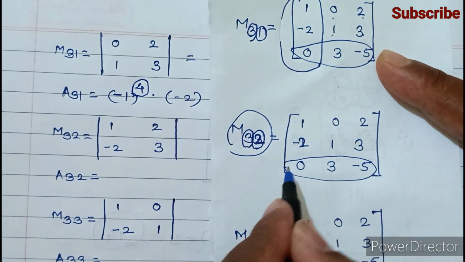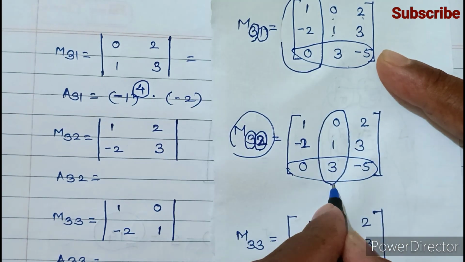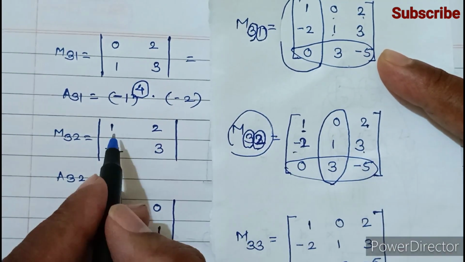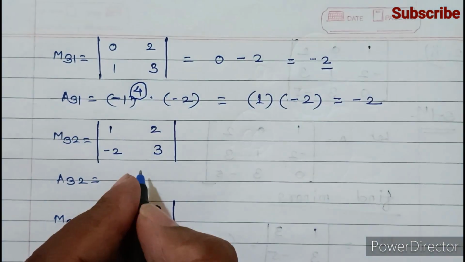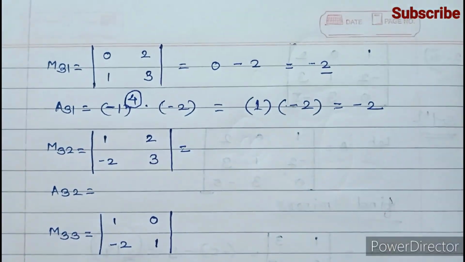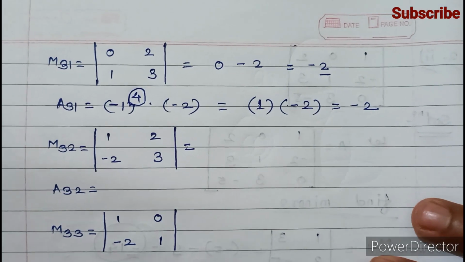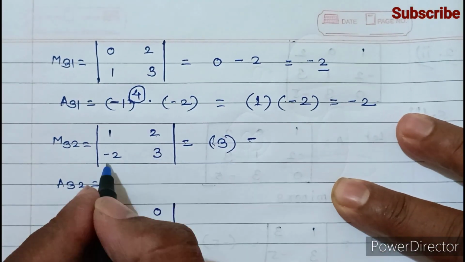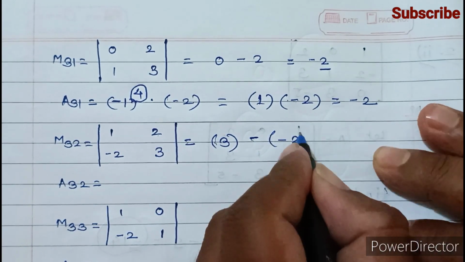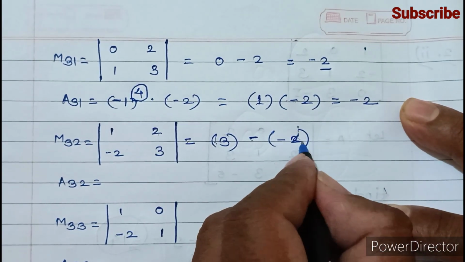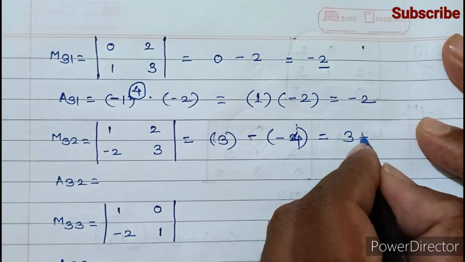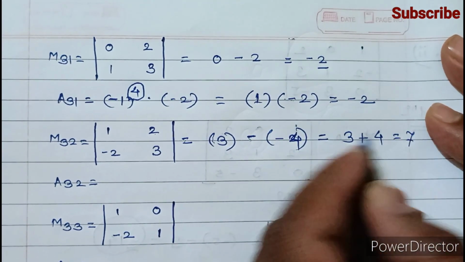To find M32, eliminate the third row and second column. This is the third row and this is the second column that is eliminated. The remaining elements are 1, 2, minus 2, 3. Here find the value of the minor M32, that is 1 into 3, 3, minus 2 into minus 2, that is minus 4, so that equals 3 minus minus 4, which is plus 4, that is 7.